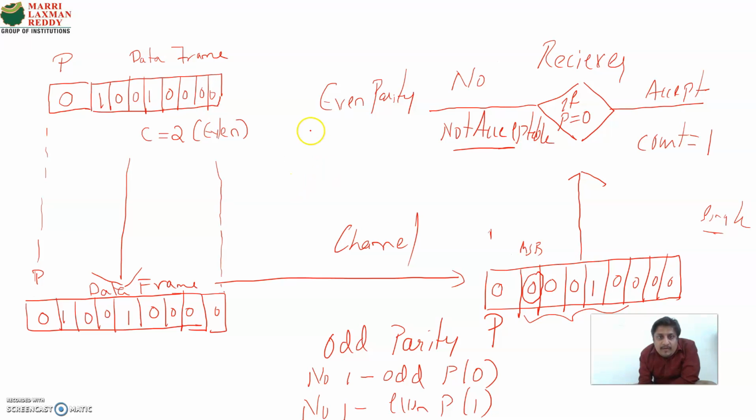In even parity, if the number of ones is even, the parity will be 0; if the counts are odd, then it will be 1. Here in odd parity, it is the reverse of this. If the number of ones is odd, then it will be P of 0. If the number of ones is even, it will be P of 1.